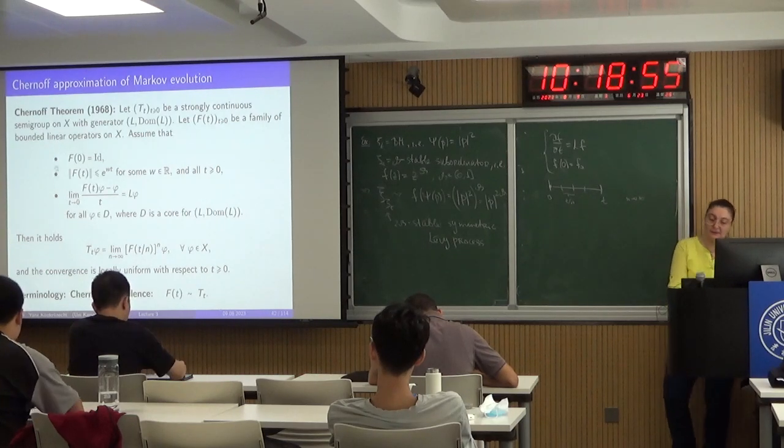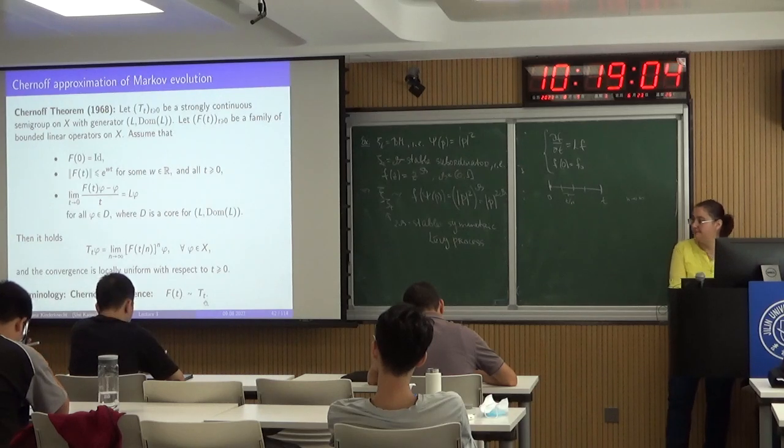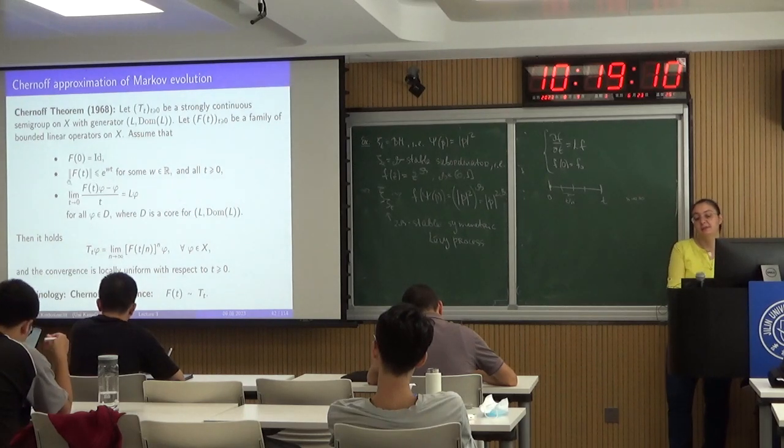So the idea is that these two requirements say that at 0, these two are similar up to the first order. And then this requirement is a technical requirement that the norm of these operators cannot grow too fast.